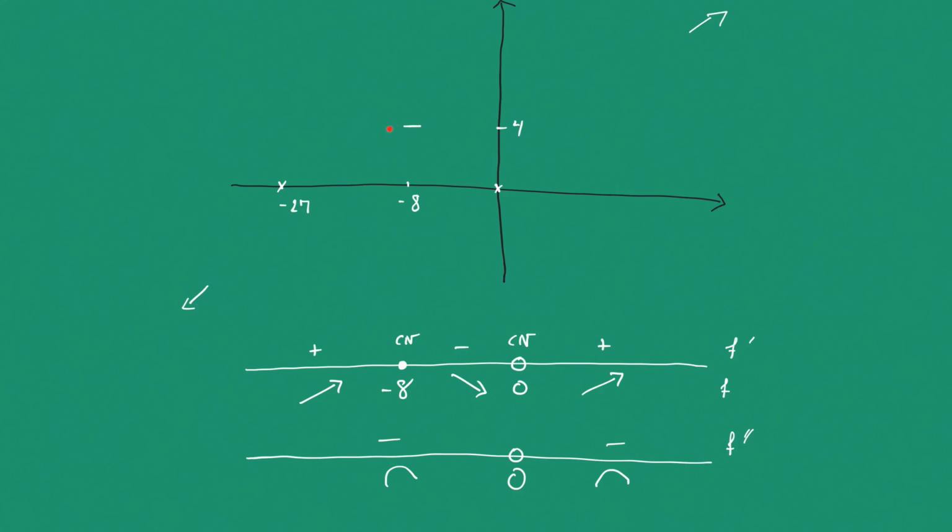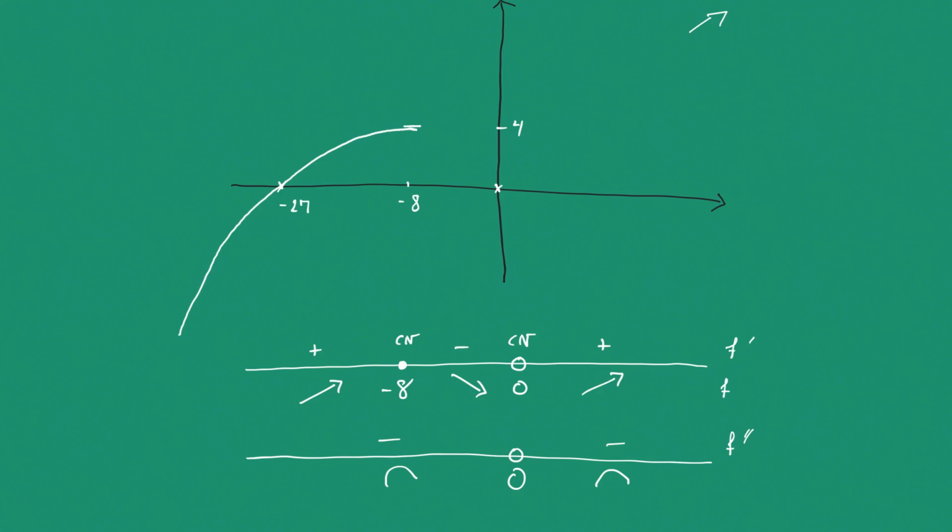We're going to have a horizontal tangent line at -8, and it's always going to be concave down on this interval. So let's draw that now. First, I'm going to just get rid of this bit right here. And let's see what we can do. And so increasing, concave down. And there we have that horizontal tangent line.